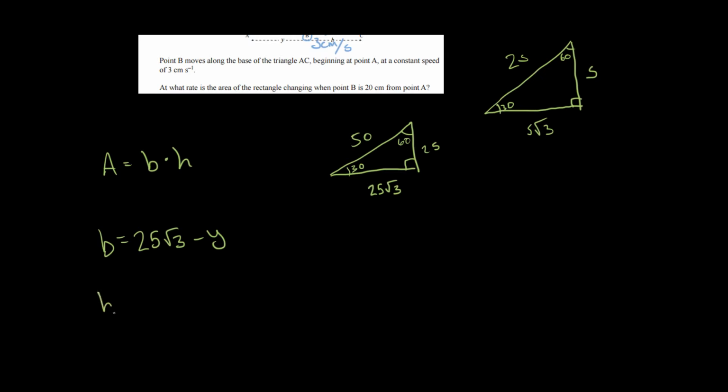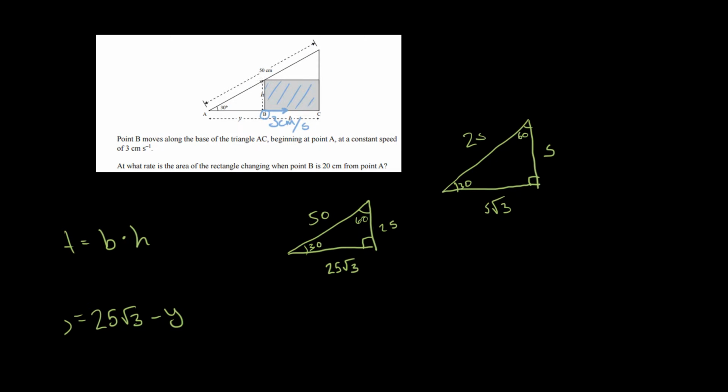Let's do the same thing for H. For H, I'm going to look at this little triangle right here. If I have a triangle like that, where this is also 30-60-90, and this is Y and this is H, then looking at our generic triangle, opposite of 30 is s, opposite of 60 is s root 3.